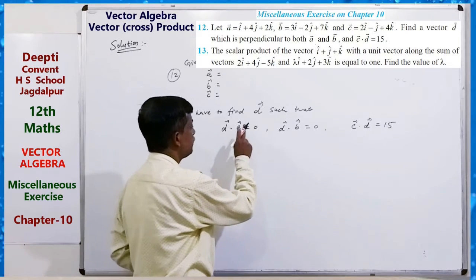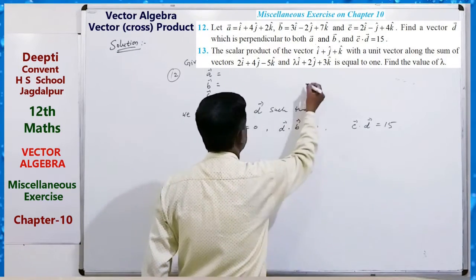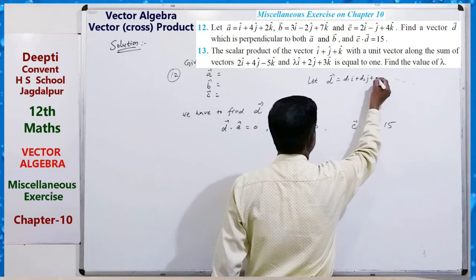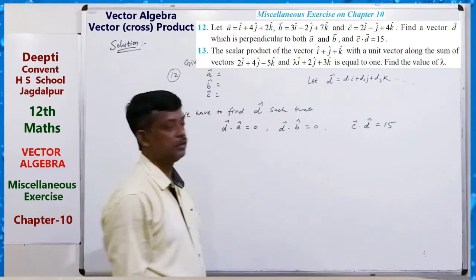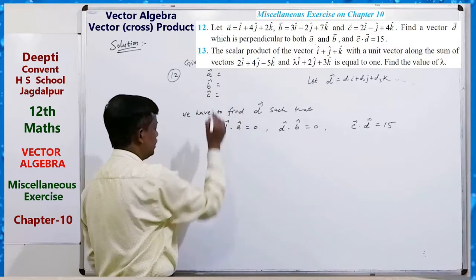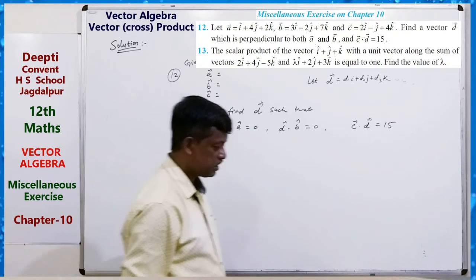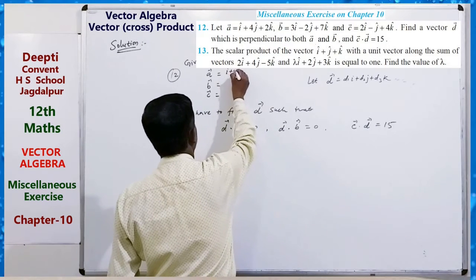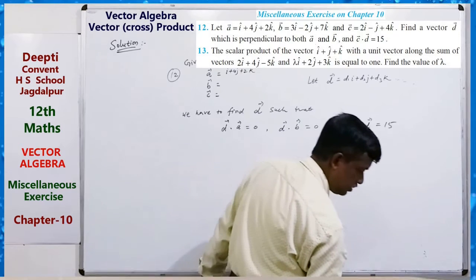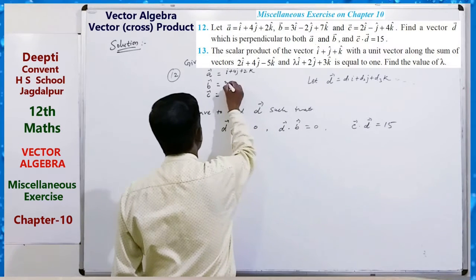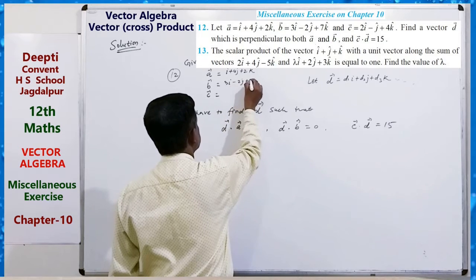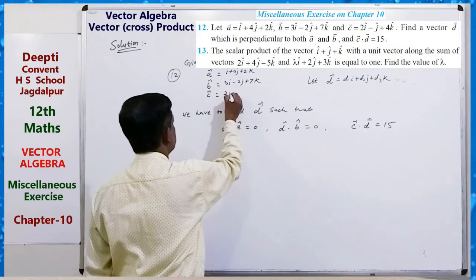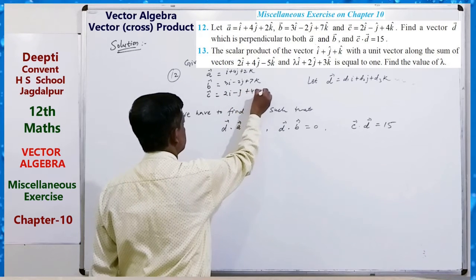Now here, let D equal D1 i plus D2 j plus D3 k. Then A, B, C are given: A is i plus 4j plus 2k, B is 3i minus 2j plus 7k, and C is 2i minus j plus 4k.